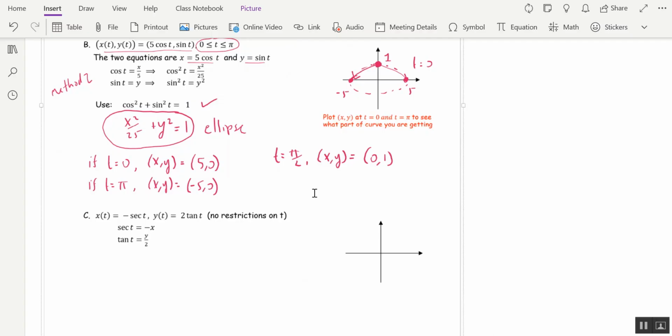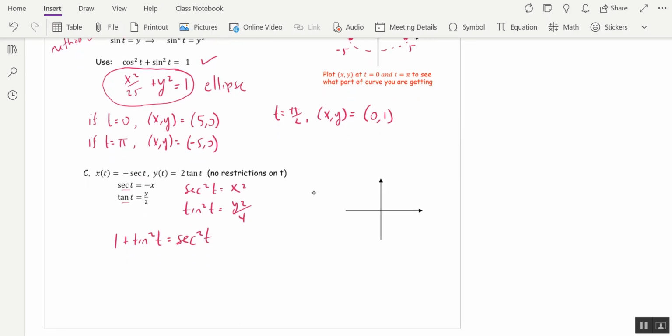Okay, I started us out here. I solved the x equation for secant and the y equation for tangent. And now secant squared t is x squared, and tangent squared t is y squared over 4. And I want to use the Pythagorean identity, 1 plus tangent squared t is secant squared.